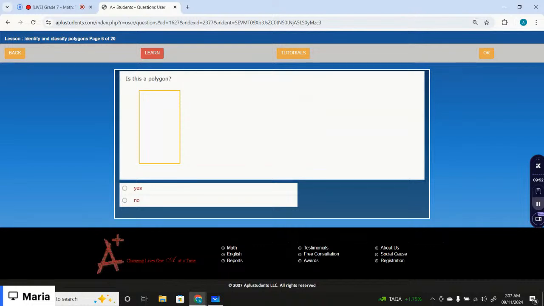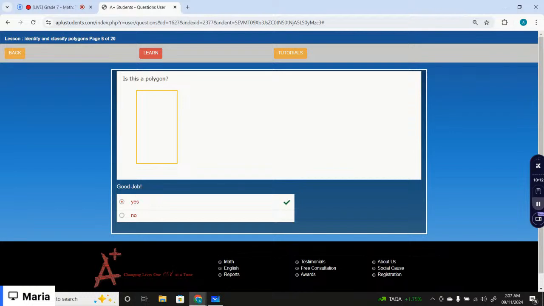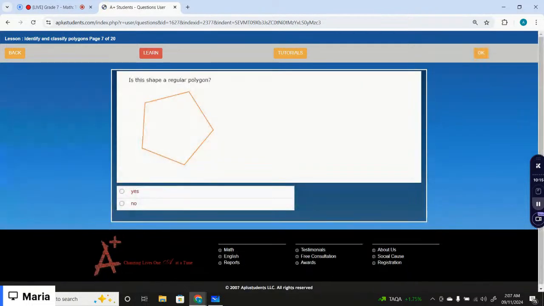Is this a polygon? Yes, it is a polygon. The correct option is yes. Is this shape a regular polygon?